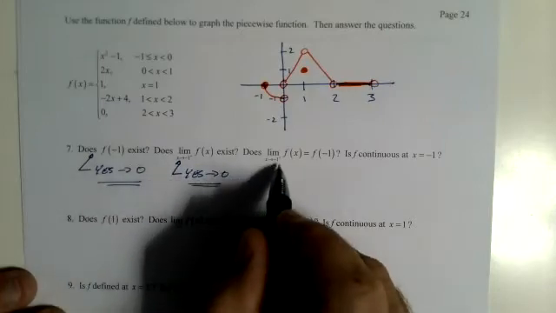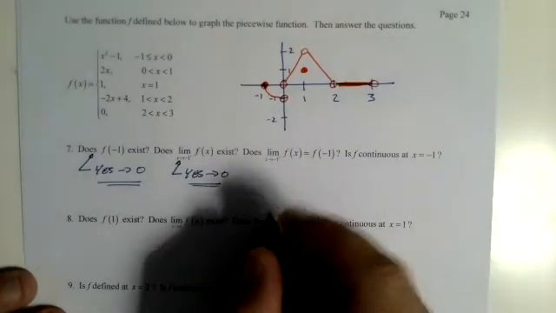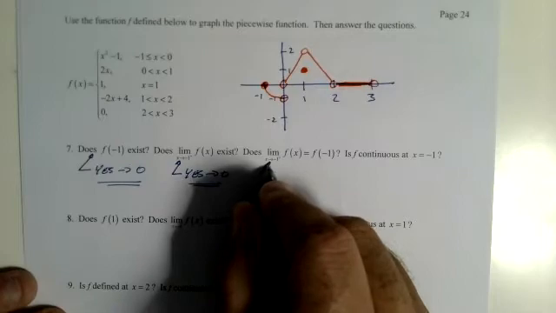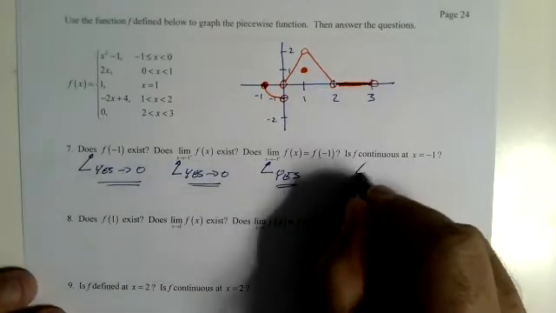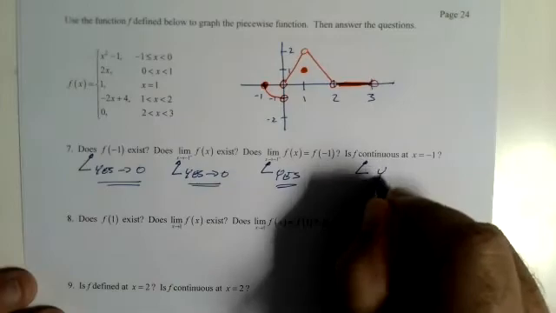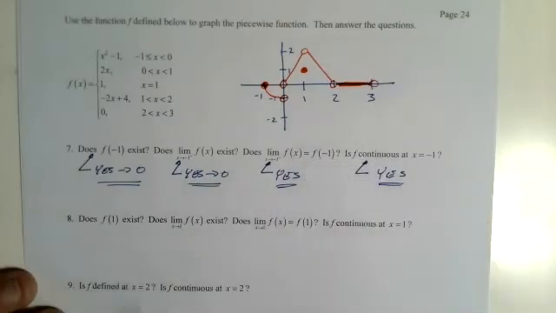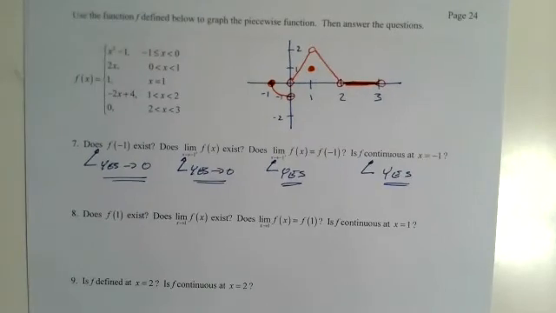Does limit as x approaches negative 1 from the positive side equal f of negative 1? Yes. 0 and 0. Is f continuous at x equals negative 1? Well, we had that definition of endpoints, so yeah, I guess so. Most people would argue, well, no, but it fulfilled the definition, so.